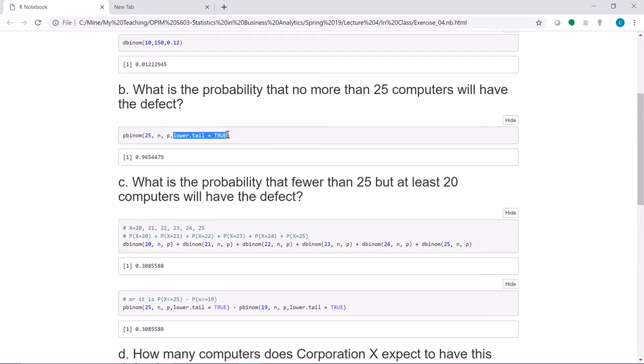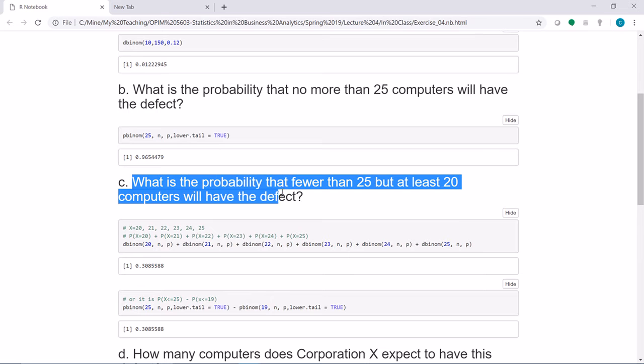And here we are looking at the lower tail. So lower.tail equal to TRUE, or we just don't write anything there, right? Lower.tail equal to TRUE is the default setting. This gives us this result, about 0.96 something.